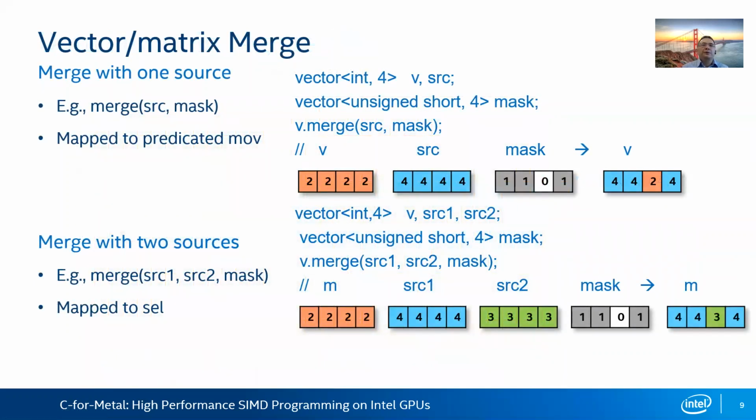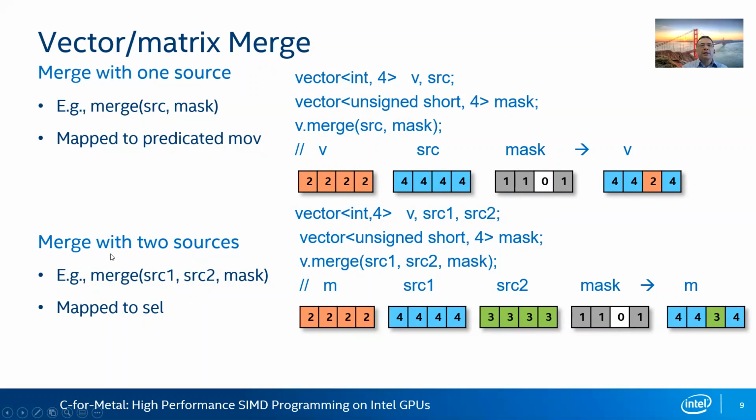There's another useful operation, merge, that merges values from sources. The first one copies the value from the source when the corresponding mask bit is true. It preserves its old value otherwise.